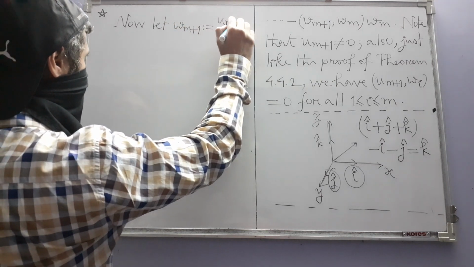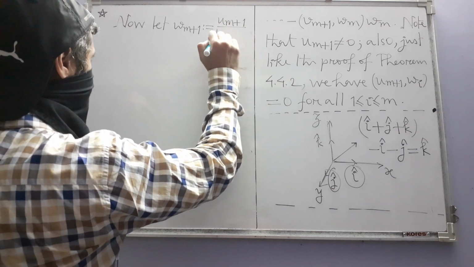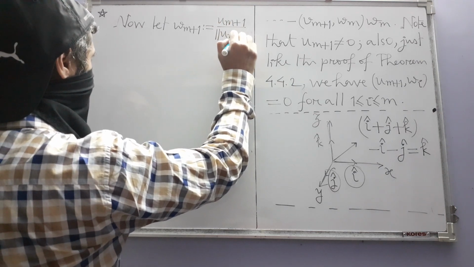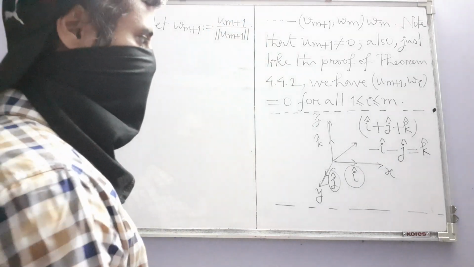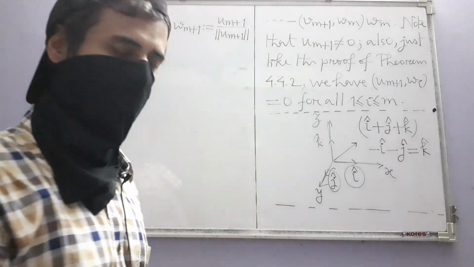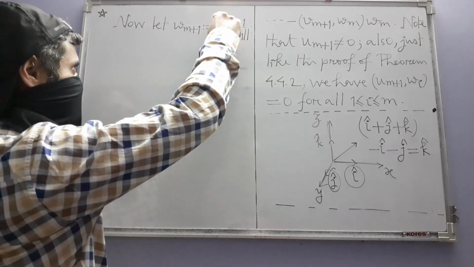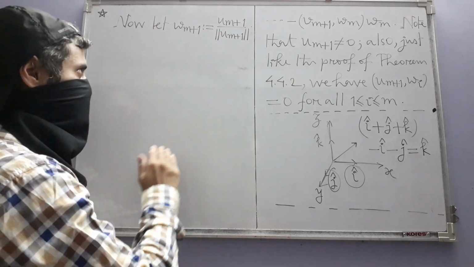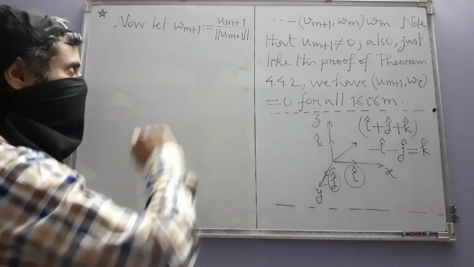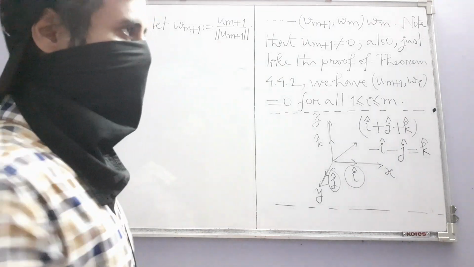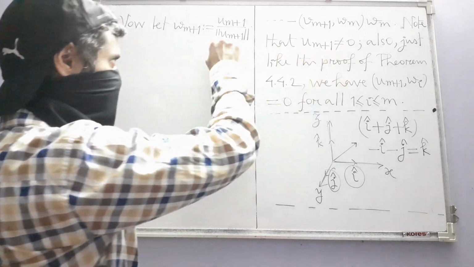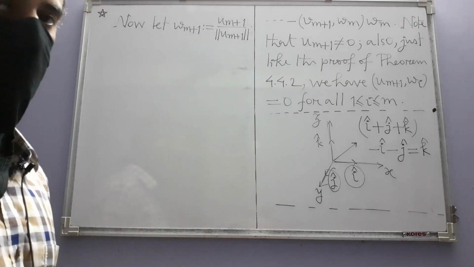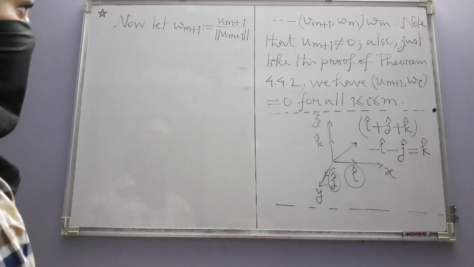Wm plus 1 by definition is this. Note one more thing: we do not normally say dividing a vector by something, but we say multiplying the vector Um plus 1 by the reciprocal of its norm. And this is possible because the norm is non-zero. So Wm plus 1 is well defined, it is meaningful.